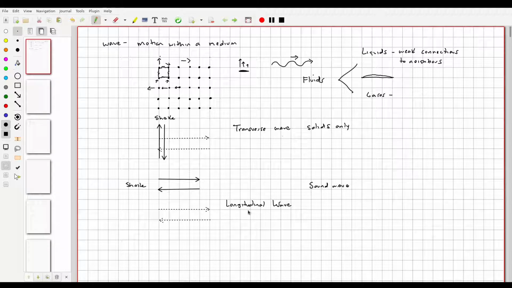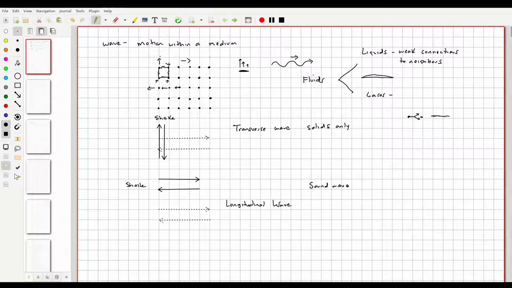On the other hand, longitudinal waves can pass through liquids and also through gases. And instead of them passing via these connections between the atoms and molecules on the inside, generally the way that they pass is through collisions. So, you may shake this guy back and forth, and as a consequence, he collides with neighbors.